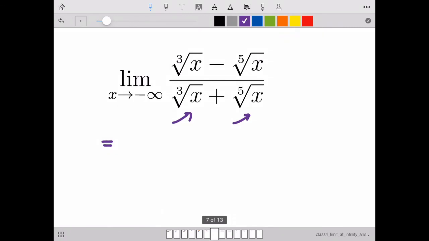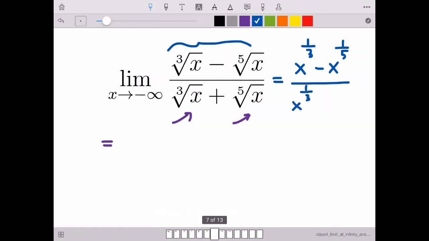So we cannot do limit law as it is. We have to divide by highest power. So if I rewrite this function, that is x to the 1/3 minus x to the 1/5 over x to the 1/3 plus x to the 1/5.